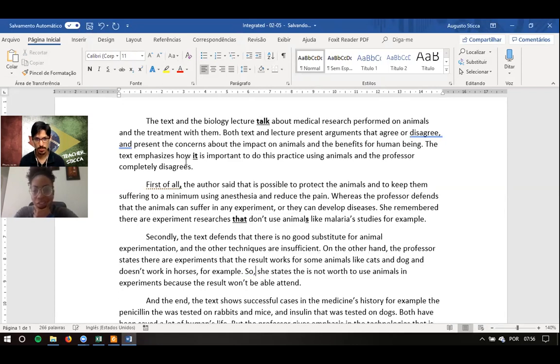So, comma, she states that it is not worth using animals in experiments because the result won't be able to attend humans. It's not worth, using another verb in ing.